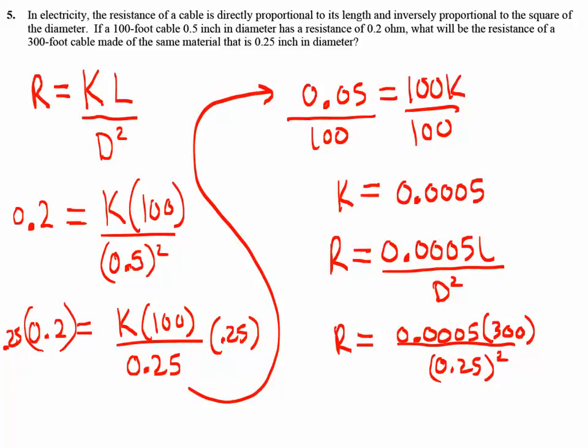And yes, calculator would be sort of handy at this point. Alright, I'm going to go for it. So I got 2.4. Is that what we got?